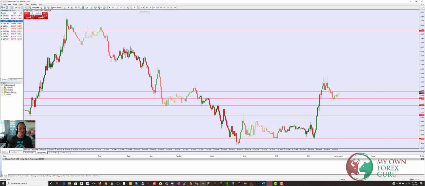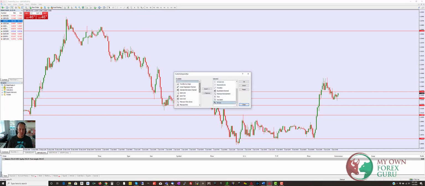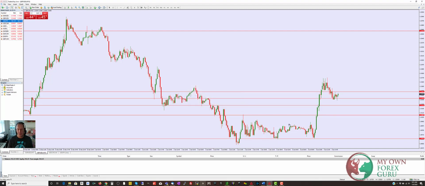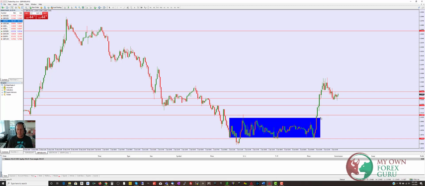Oops, I just gotta add a box here so I can draw for you guys. Rectangular, close. All right, so we have a consolidation right here. That's a terrible color, but we're gonna change that.